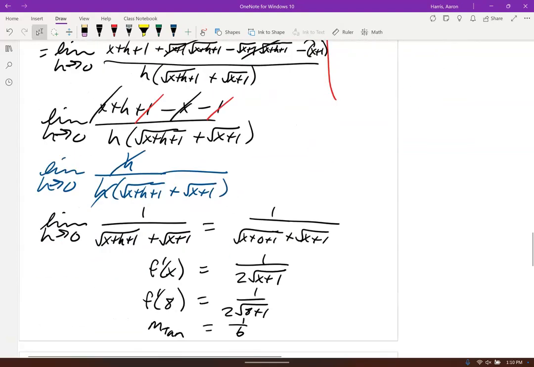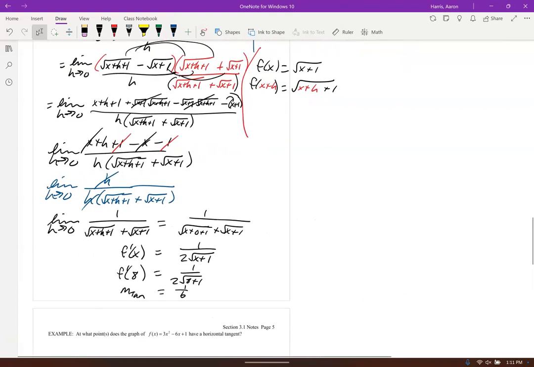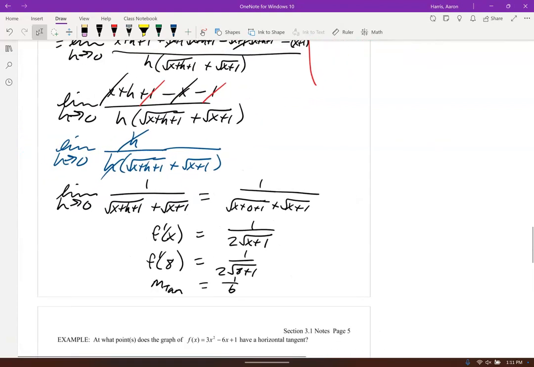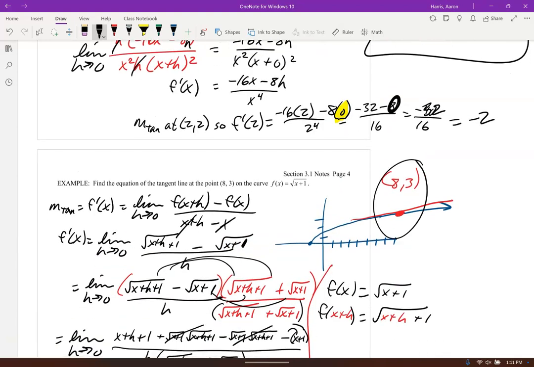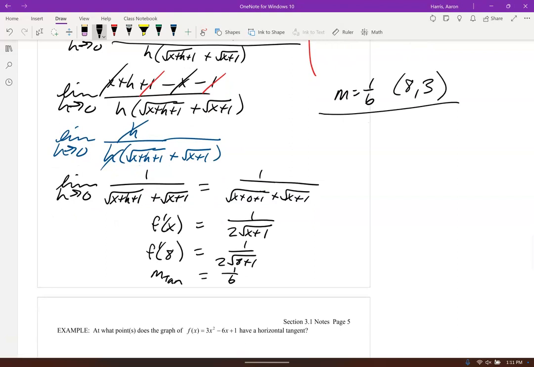So now I know, let me come back up here. So I have the slope is 1/6. I wanted to do it at the point 8, 3. If you remember our little picture up here, right there. All right, f prime at 8, or slope of the tangent is 1/6.